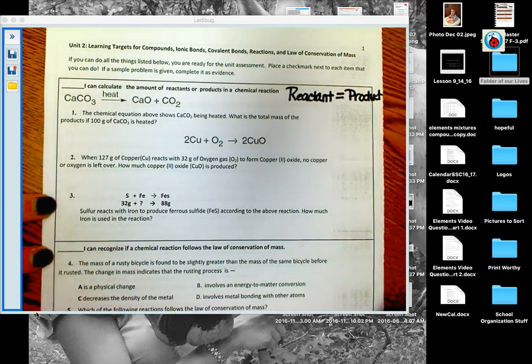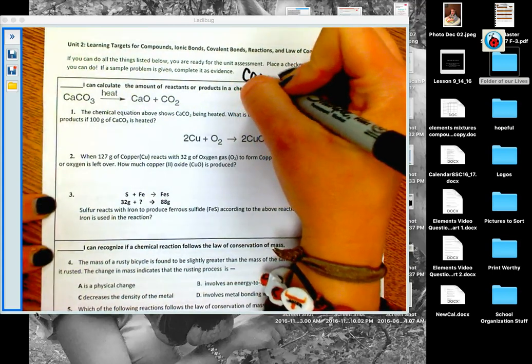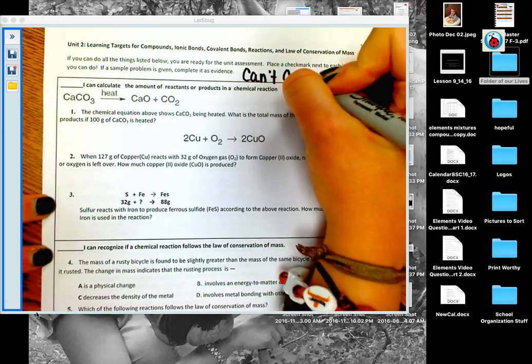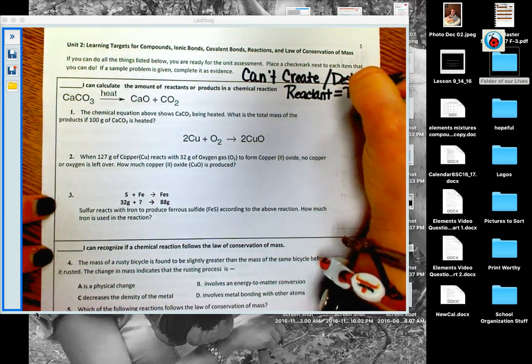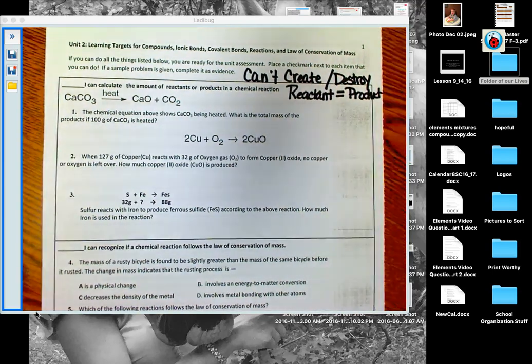In other words, we didn't create it, we didn't destroy it. So remember that you can't create or destroy. We don't create things, we don't destroy things, we just mix them up, mess them around, and make what we want out of it so that it's more usable or user-friendly for whatever our intended purposes happen to be.